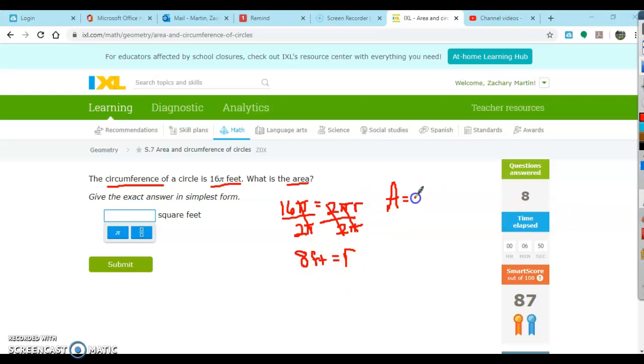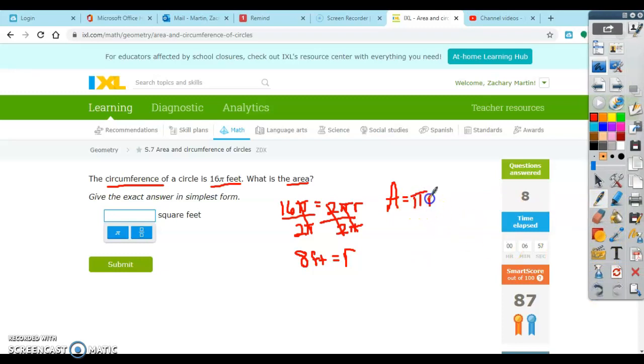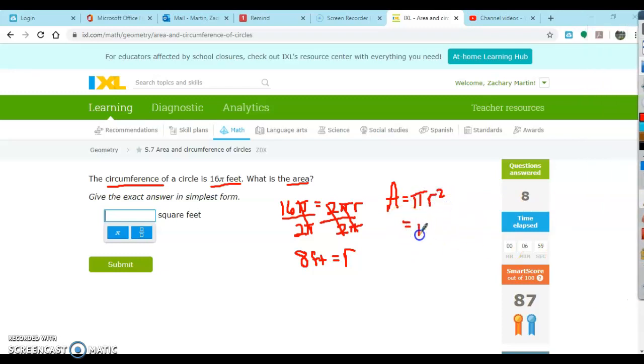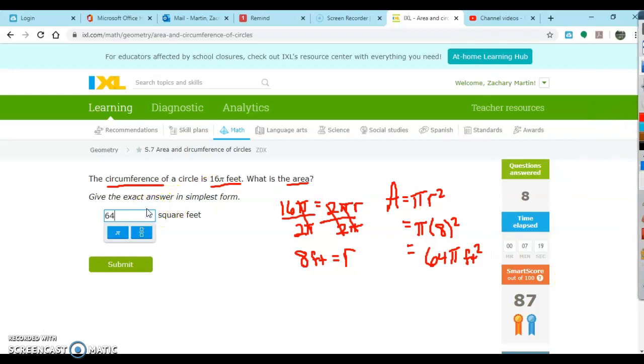The area is 2 pi r, excuse me, pi r squared. That equals pi times 8 squared, and my area is 64 pi, in this case square feet. So let's type that in, 64 pi square feet.